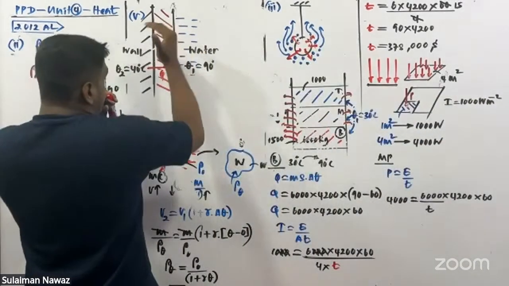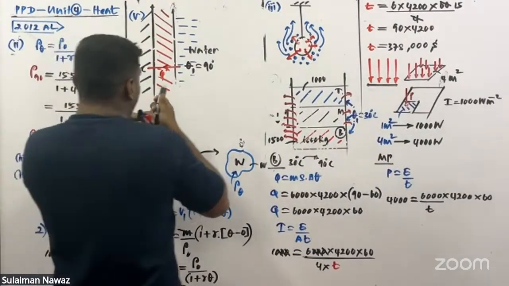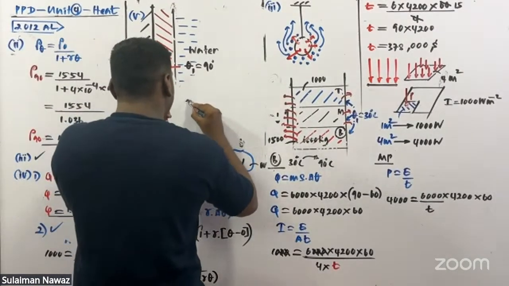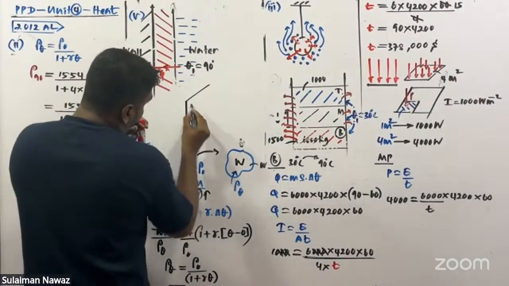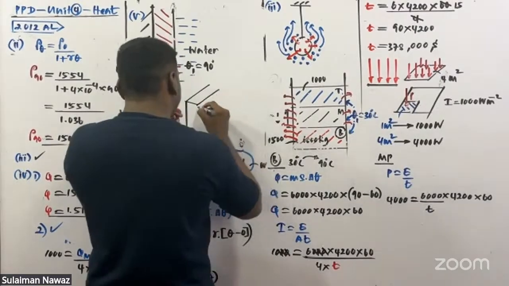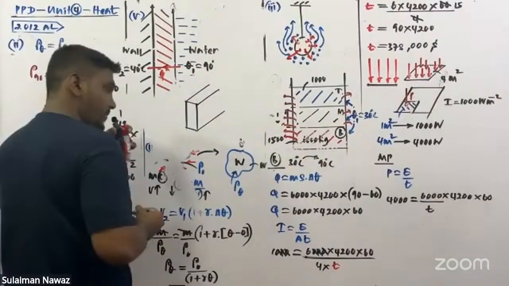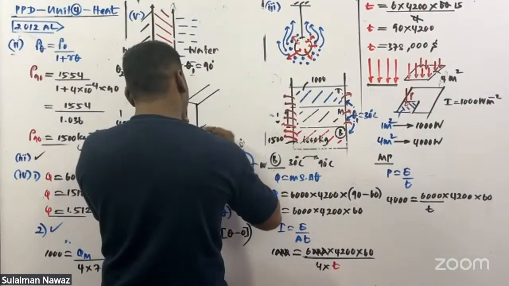Now, this is the side view. If I only draw the styrofoam, look here. The red color is the styrofoam layer.